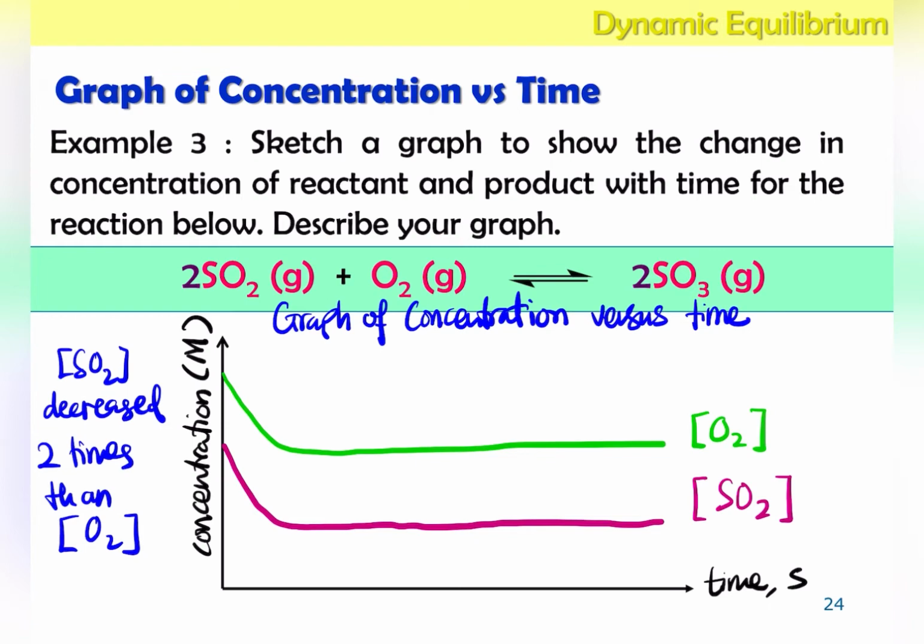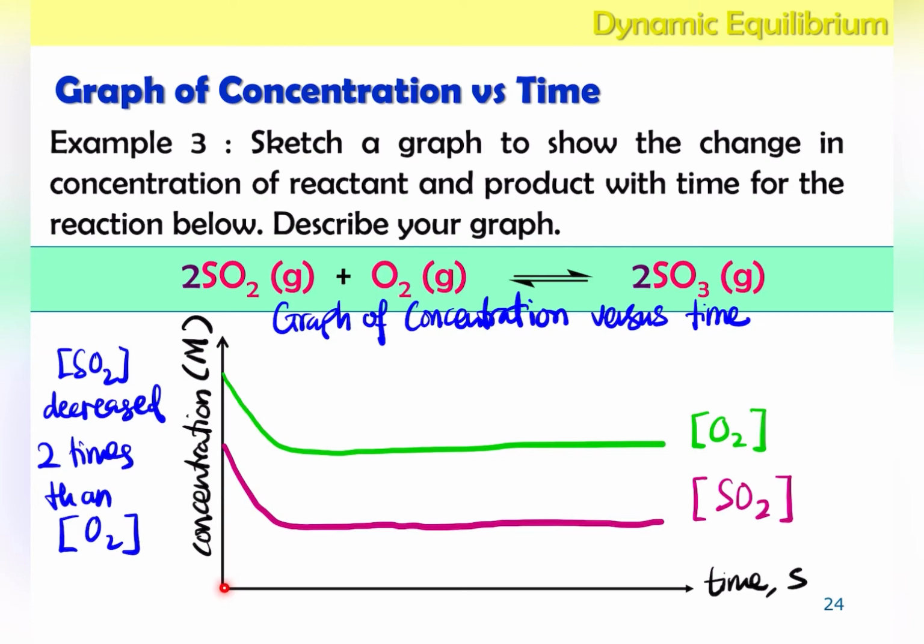Now we go to the product SO3 and the coefficient in front of it is 2. So macam mana kita nak draw the sketching for SO3, our product? It will start from here because when chemical reaction takes place, you have to know that produk belum terhasil. Sebab tu kita akan start from 0. And after reactants react together, dia dah berkurang and produk pun terhasil.